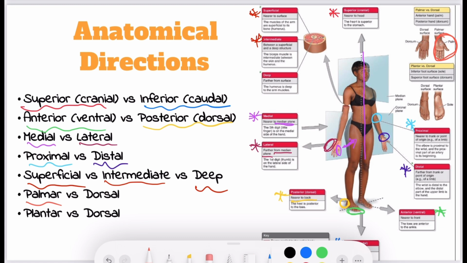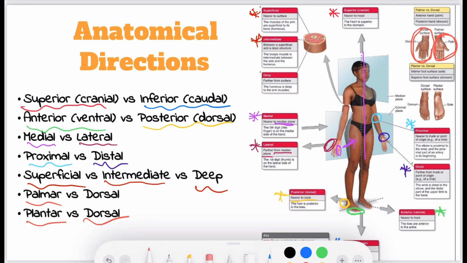And then dorsal, which is its posterior hand, which is the dorsum. So the fastest way that I remember these two is that palmar, remember that's the palm, and then dorsal, it's posterior to the hand. And then same goes with the feet. We have plantar versus dorsal, and plantar, which is the sole, and then the dorsal part of the foot, which is the superior foot surface.